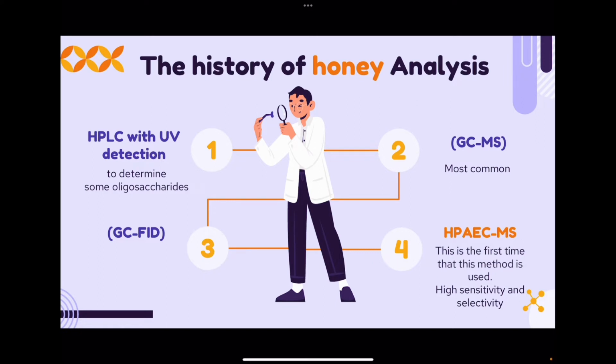But with development of science and development of the goals of honey analysis, many methods of analysis have been conducted, including HPLC with UV detection to determine some oligosaccharides, and also gas chromatography-mass spectrometry, which is considered the most common method of analysis for honey, and also gas chromatography with the flame detector.